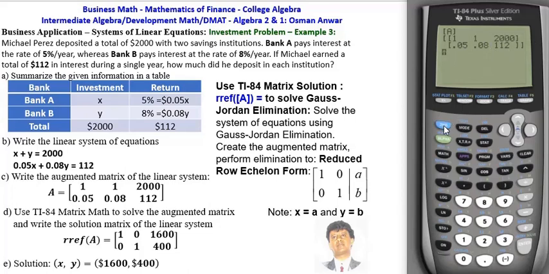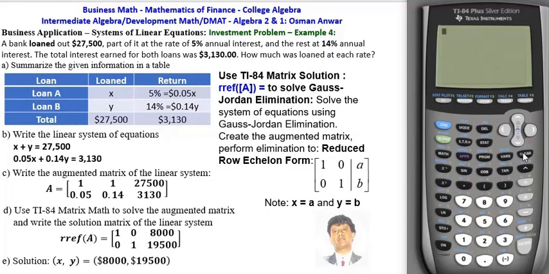Then do second matrix, math, go all the way down to find RREF, hit enter, second matrix, call matrix A, close it, hit enter, and here is the solution. x is equal to 1,600, y is equal to 400.